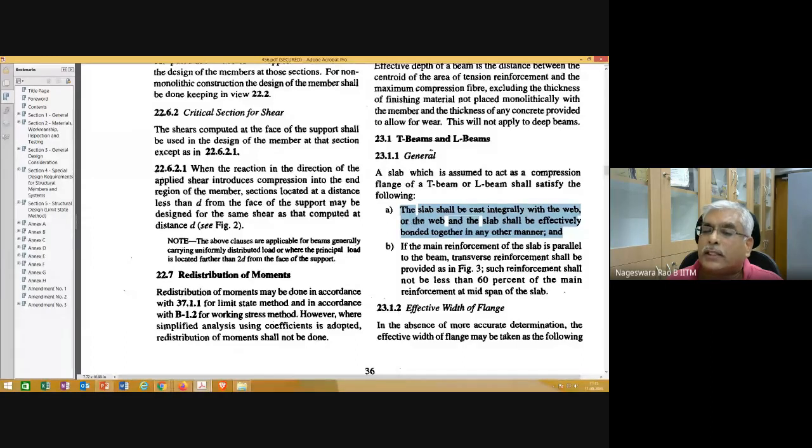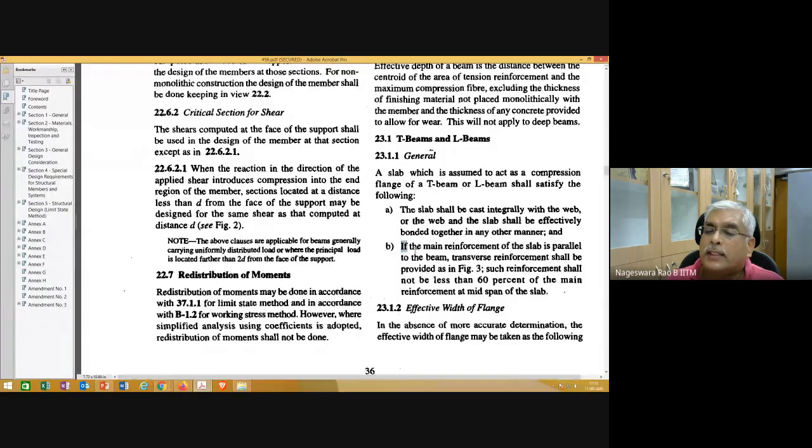Let's read these two points. The slab shall be cast integrally with the web, or the web and the slab shall be effectively bonded together in any other manner. So perfect bond is assumed, and this happens if they are cast integrally.